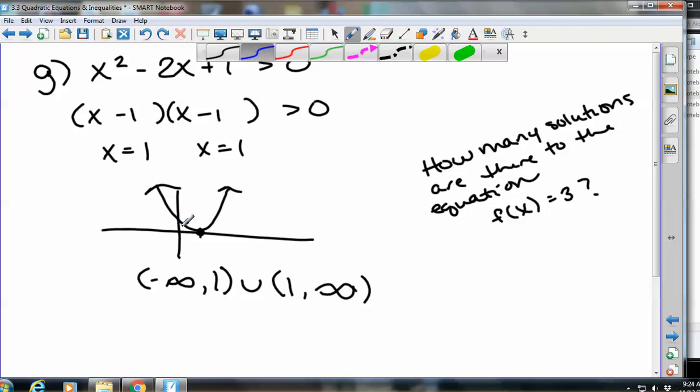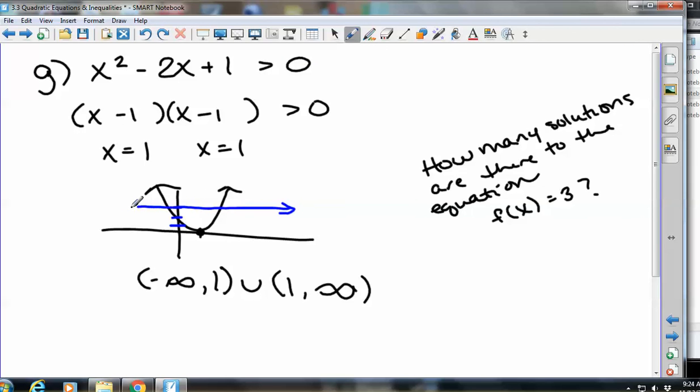If I say y equals 3, y equals 3 would just be like this. How many solutions are there? 2. There are 2 times when that parabola equals 3. Right here and right here.